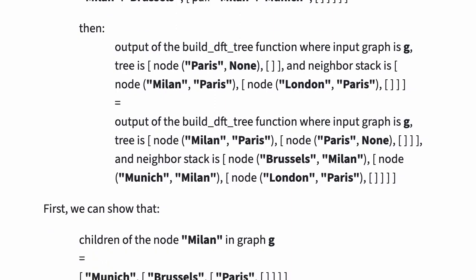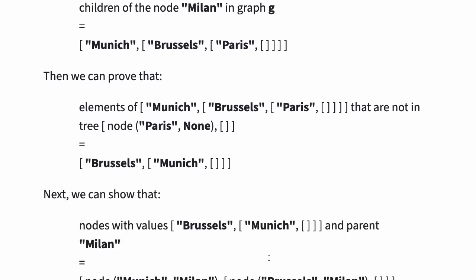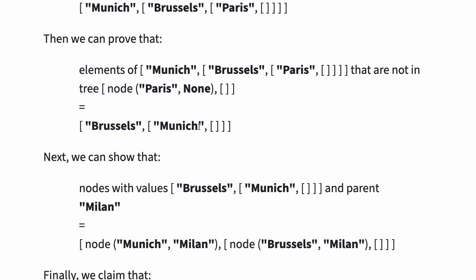First, we can show that the children of the node Milan in graph G is equal to the stack Munich, Brussels, and Paris. Then we can prove that the elements of Munich, Brussels, and Paris that are not in tree node Paris none is equal to the stack Brussels and Munich.